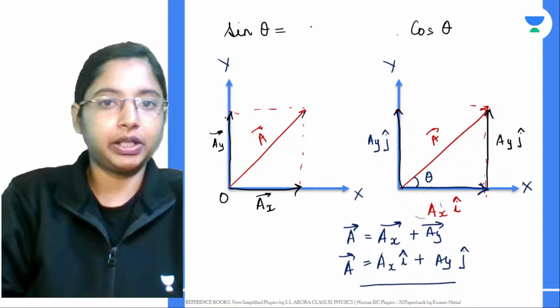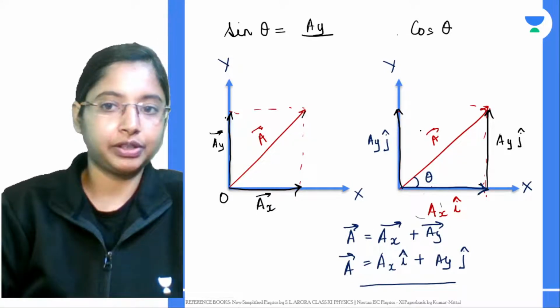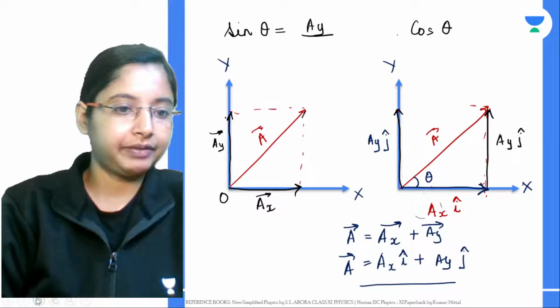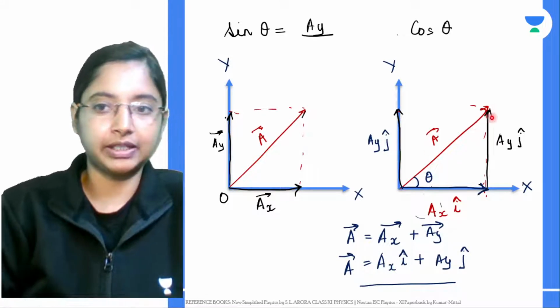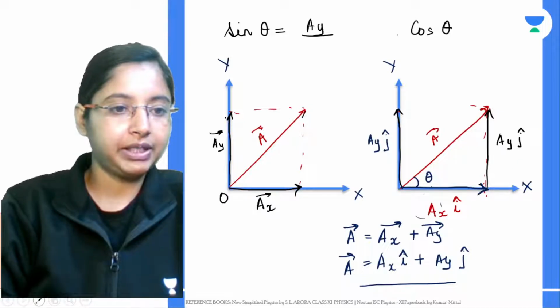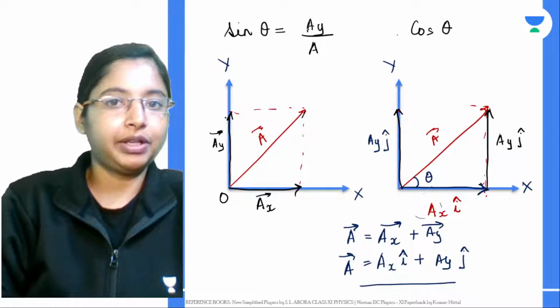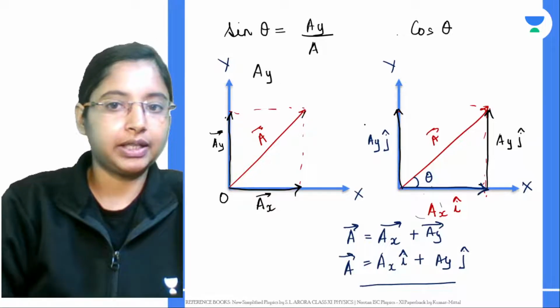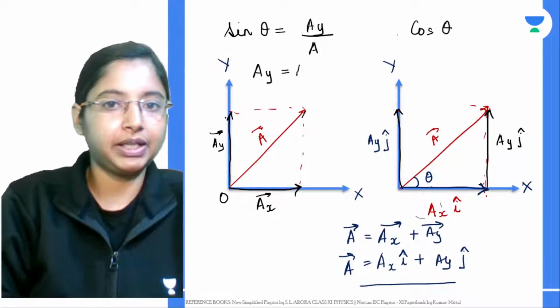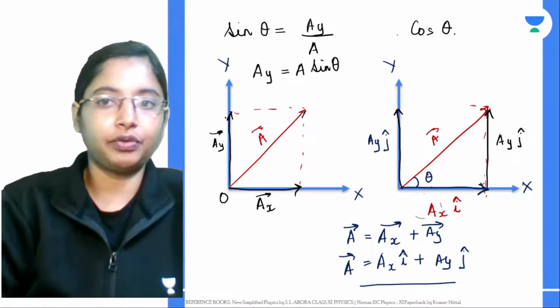What is your perpendicular here? Ay, right? Perpendicular by hypotenuse, H. So sine theta is actually Ay by A. From here we get the component Ay, that is this side, the magnitude is nothing but A sine theta. And Abhishek, you gave the right answer for cos theta over here.